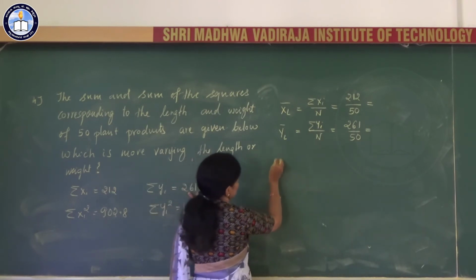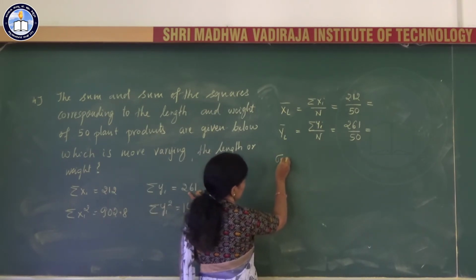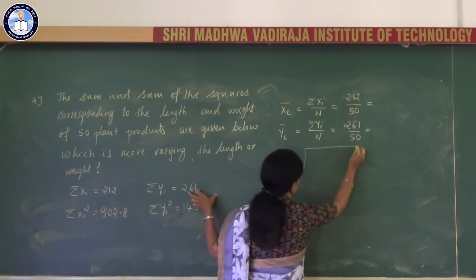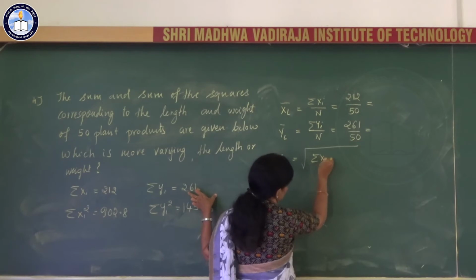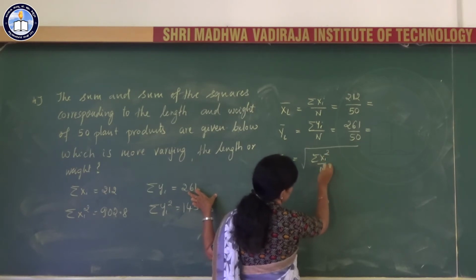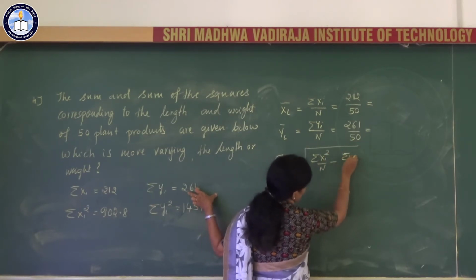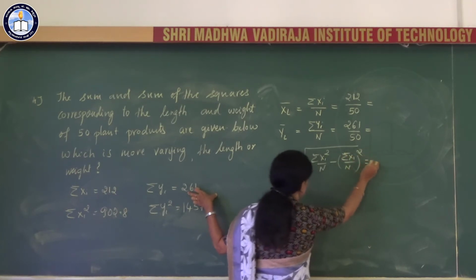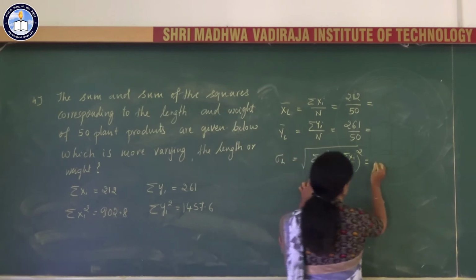And then go for the standard deviation of the length. So that's equal to root of, what is the formula? Sigma xi square divided by n minus sigma xi divided by n whole square. So what is sigma xi square?